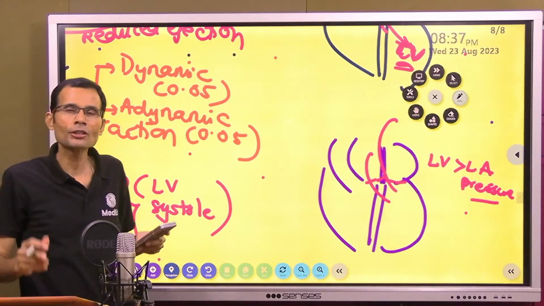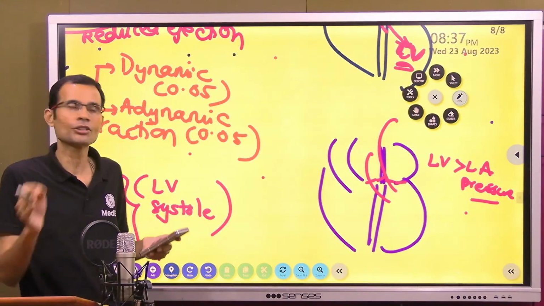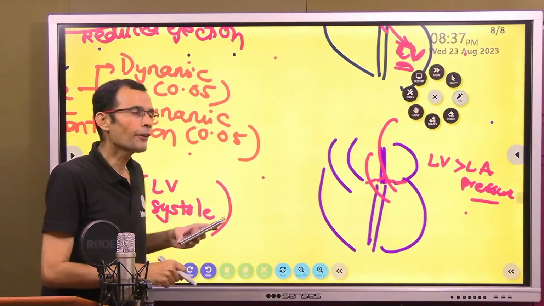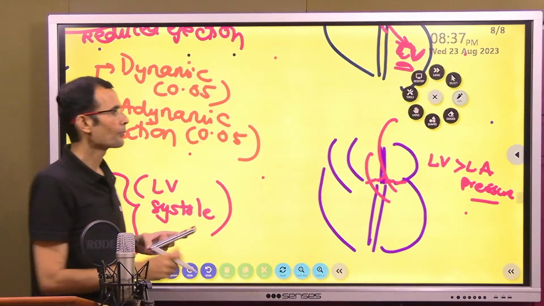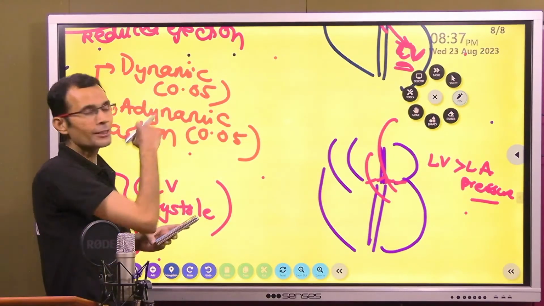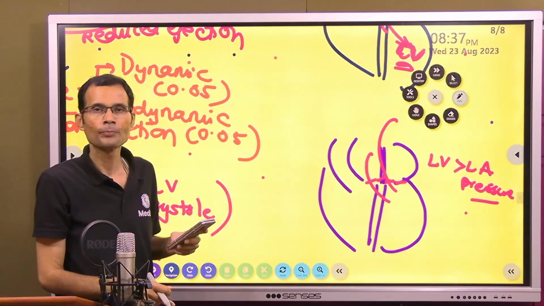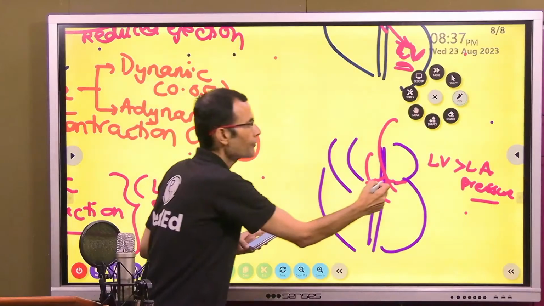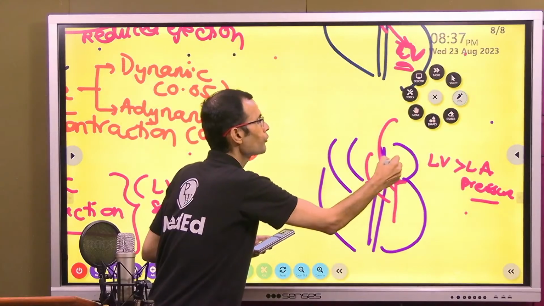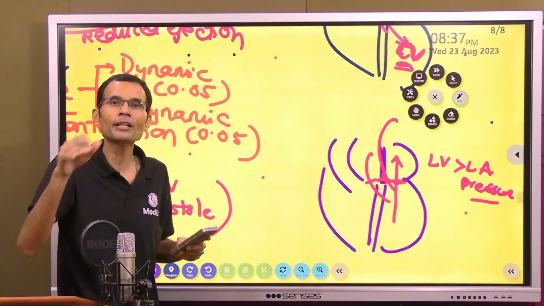Now imagine a condition called mitral regurgitation, where the mitral valve is regurgitant. In this phase, isovolumic relaxation, the ventricle is relaxing, but left ventricular pressure is still more than the left atrial pressure. Therefore, if the mitral valve is regurgitant, blood will go from the left ventricle to the left atrium during isovolumic relaxation.